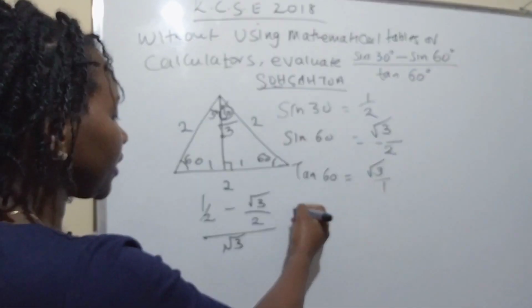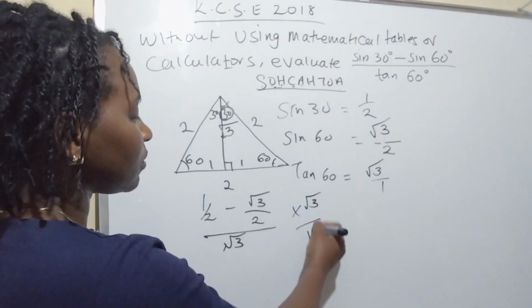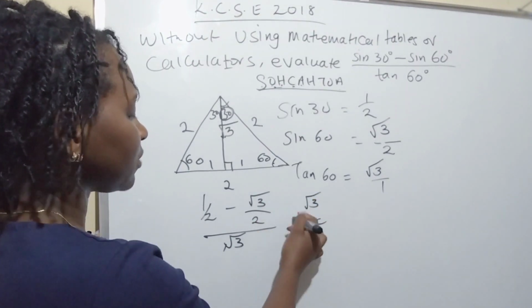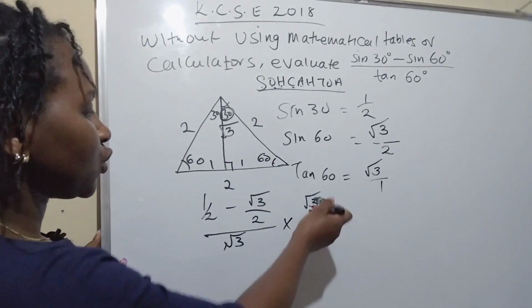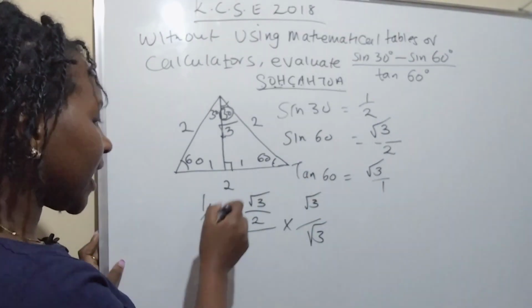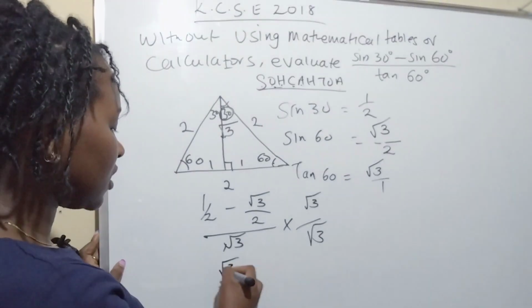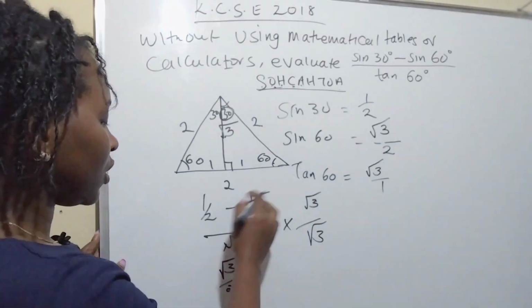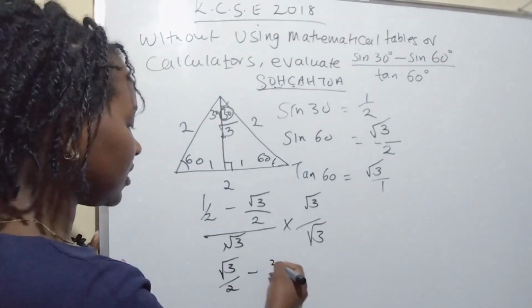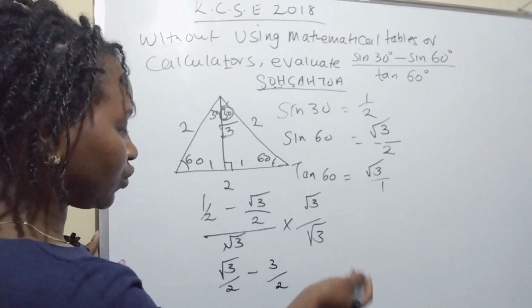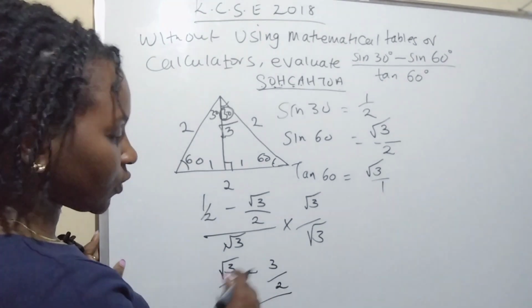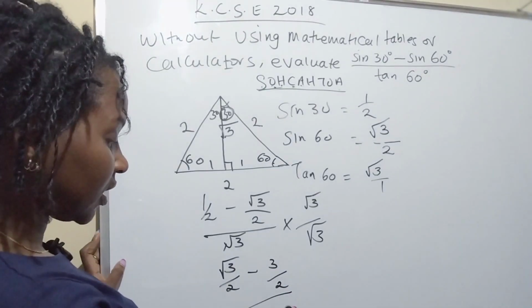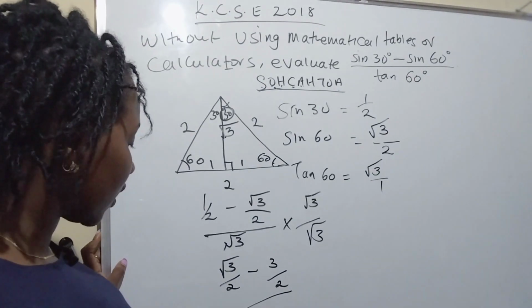So we multiply by root 3 divided by root 3, after multiplying both the numerator and the denominator. So we take this one, multiply by half, so we have root 3 over 2 minus 3 over 2, everything divided by 3. Root 3 times root 3 is equal to 3.